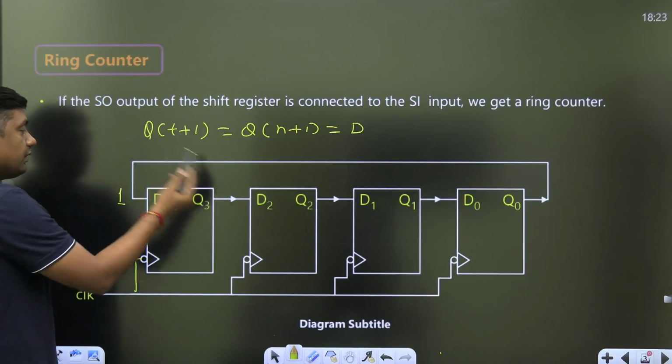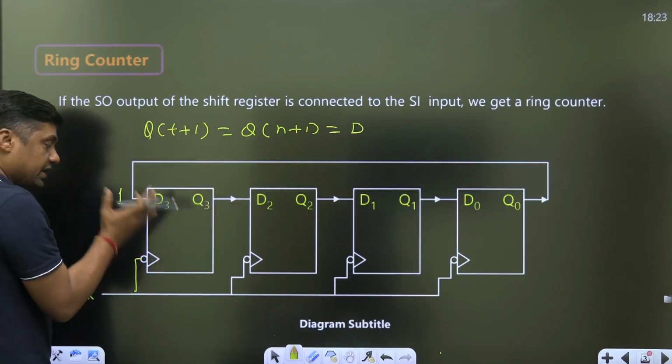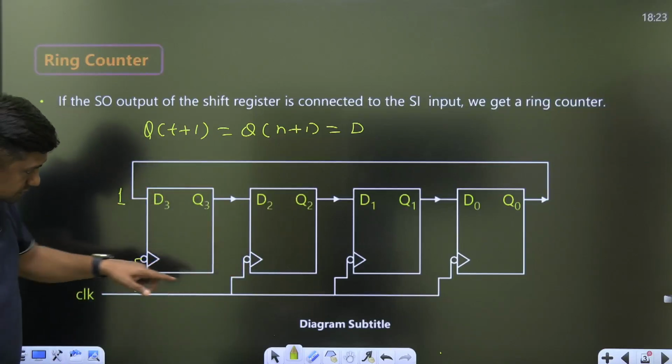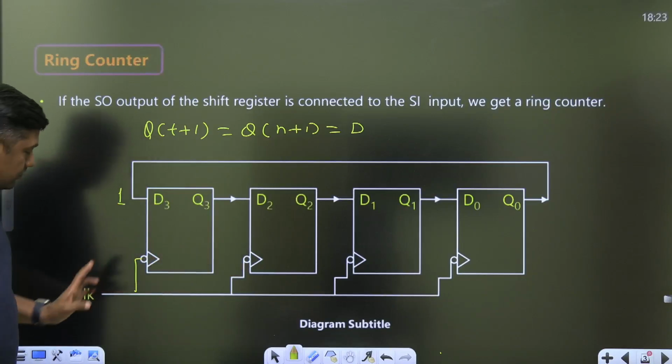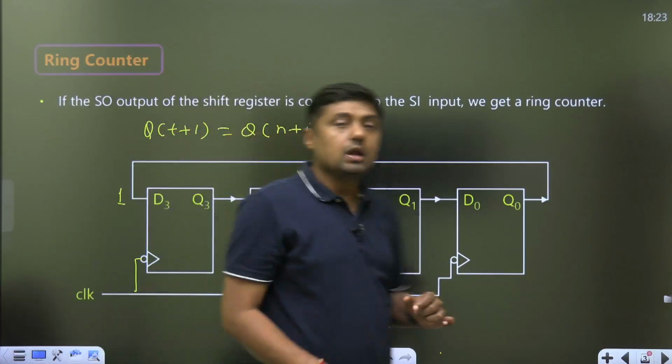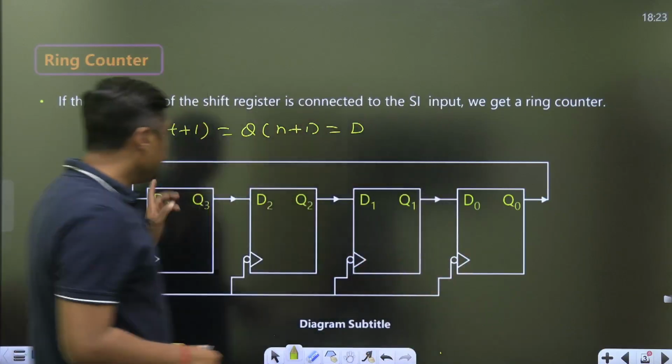If it is 0, then it will become 0 on application of the timing signal. We are giving the same clock pulse, and that's why it is called synchronous. Yes, synchronous.